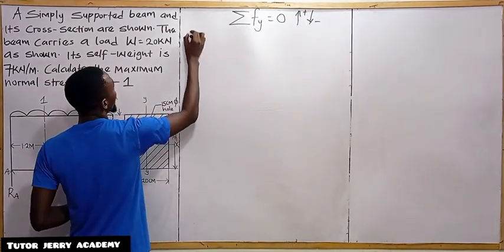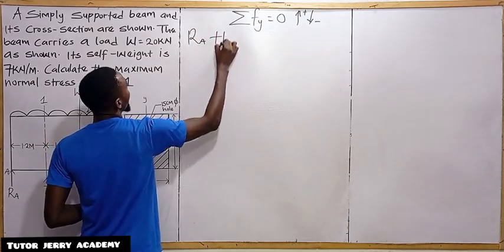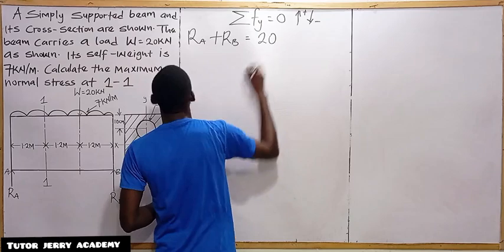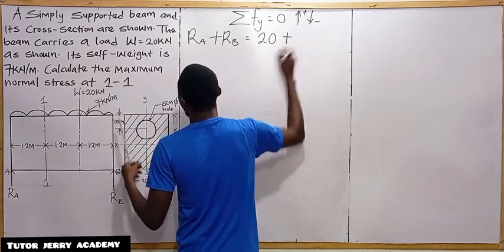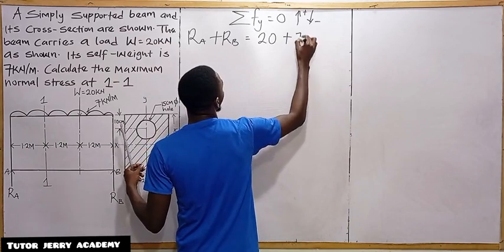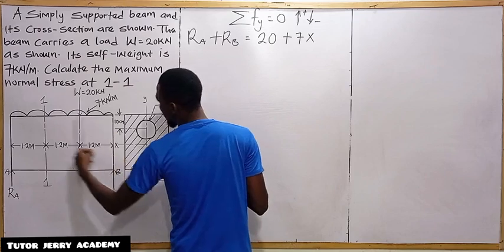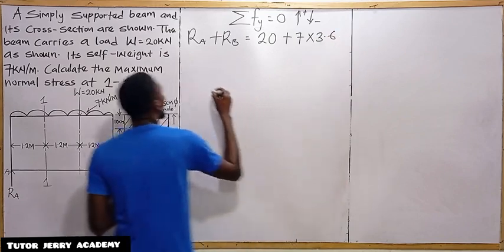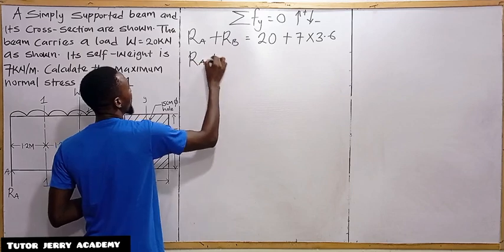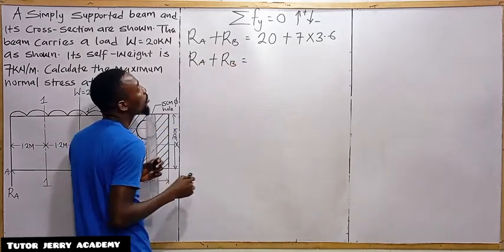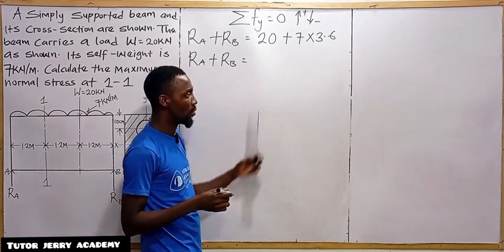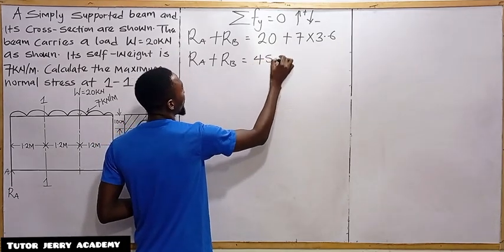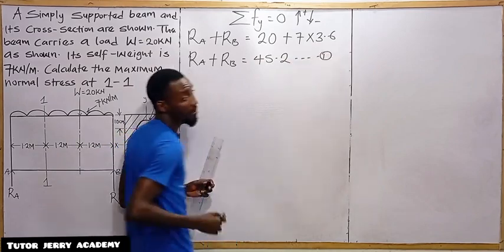So the sum of upward forces is reaction at A plus reaction at B, which will be equal to 20, the point load, plus our uniform distributed load, which is 7, multiplied by the total distance it covers, 3.6. So reaction at A plus reaction at B will be equal to 7 multiplied by 3.6 plus 20, which is going to give us 45.2. Let's call this equation number 1.